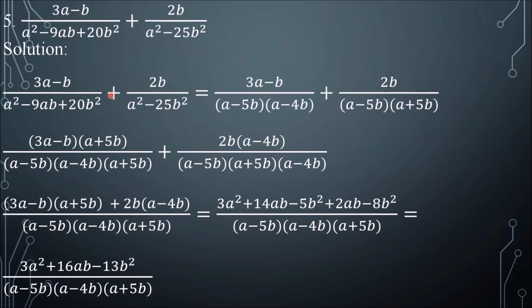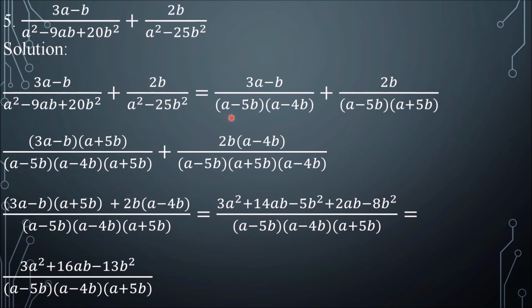Now let's have number 5. (3a - b)/(a squared - 9ab + 20b squared) plus 2b/(a squared - 25b squared). Now, as you can see, they have different denominators. First, we need to factor the first denominator, a squared - 9ab + 20b squared.